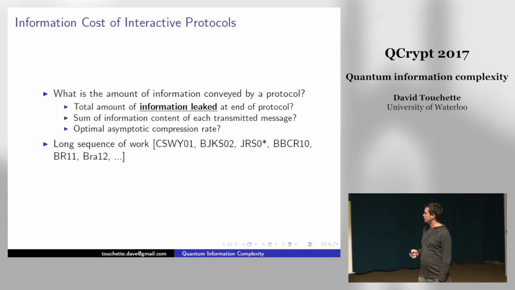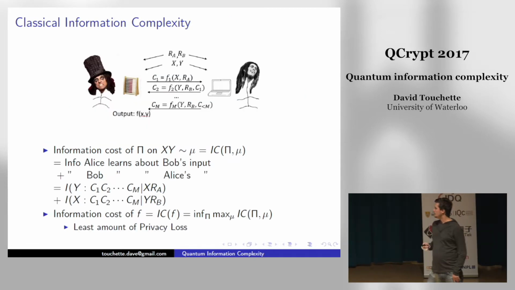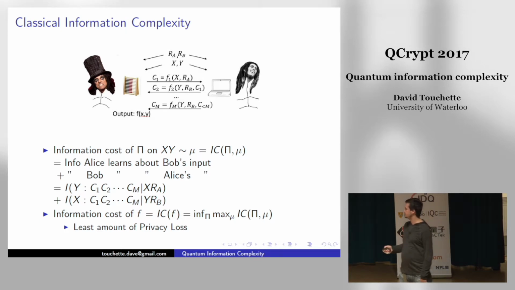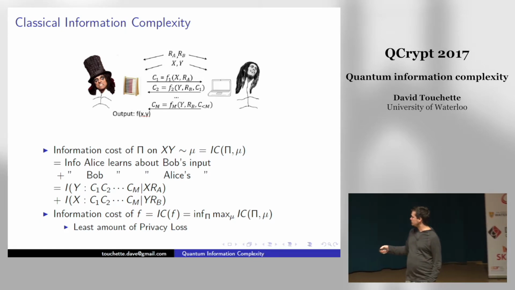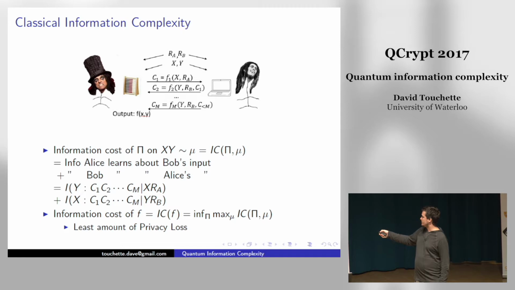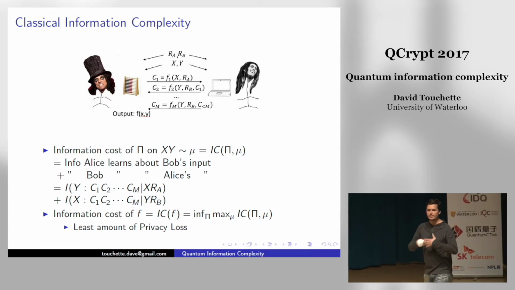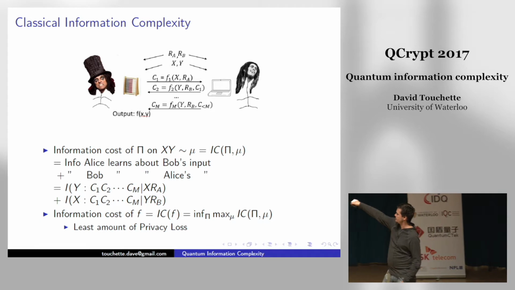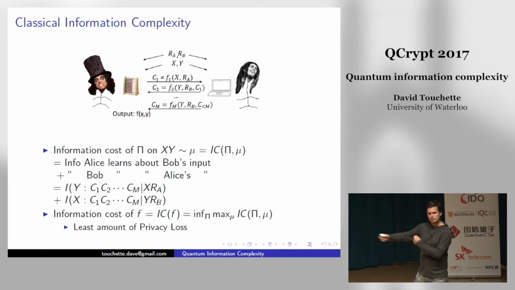So a long sequence of work has led to the current modern definition of information content for a protocol, which is widely accepted. And it looks like this. Essentially, it quantifies at the end of the protocol how much information Alice has learned about Bob's input through this sequence of messages, C1 up to CM, which have been exchanged back and forth between Alice and Bob.